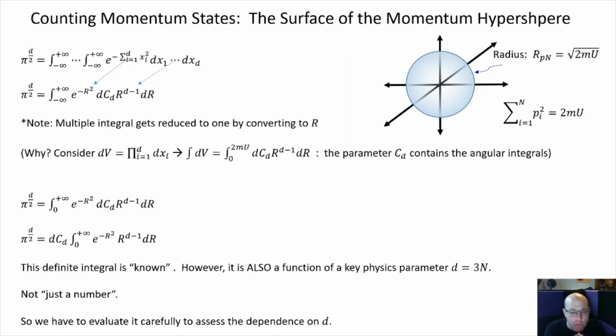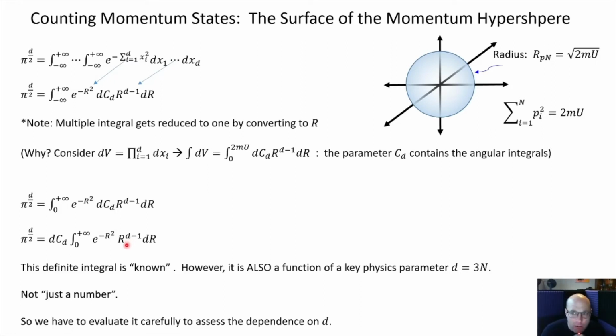And so one possibility if you've got a known definite integral is to just stop and say, look, that's a number. I'll plug it into my computer and I'll tell you what the number is, or I'll look it up in a table or something. There's nothing wrong with that strategy if you can get away with it, but we can't get away with it here. And the reason is this is a known integral, but it depends on the value of d.